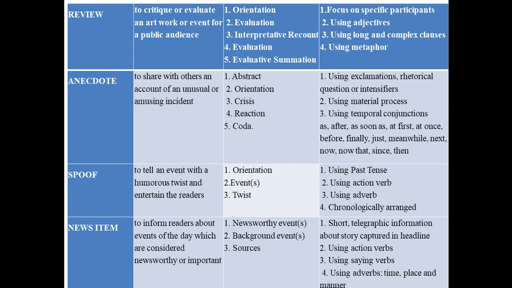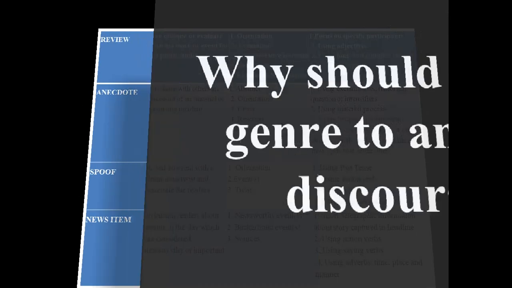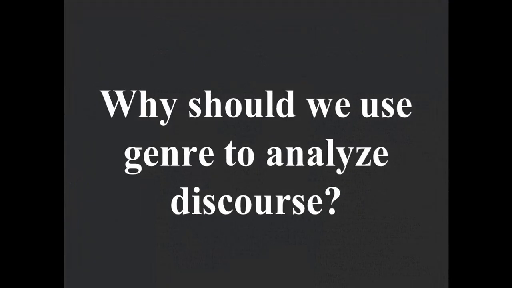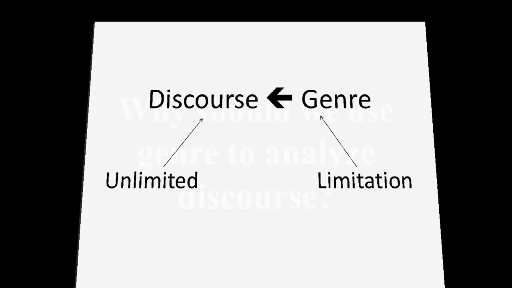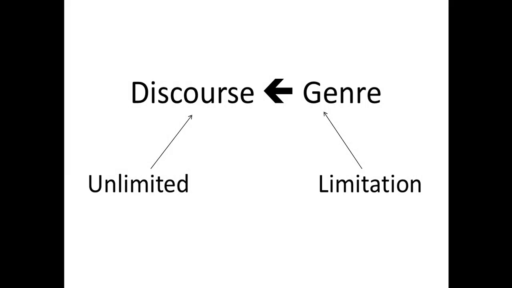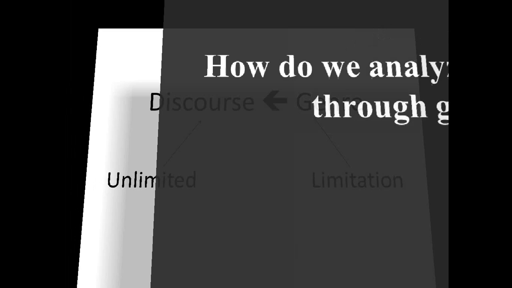So these are the types of genre, and we have seen them one by one. So why should we use genre to analyze discourse? As we mentioned before, discourse is unlimited, but genre has a limitation because the types of genres make it limited.